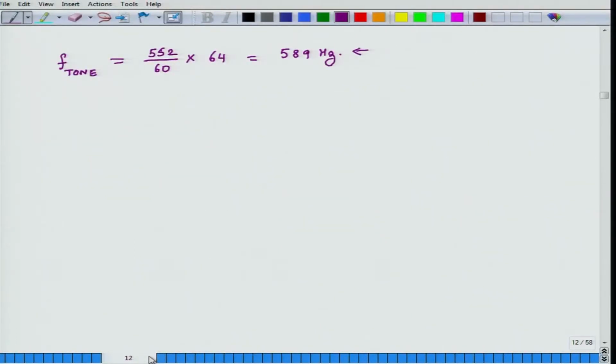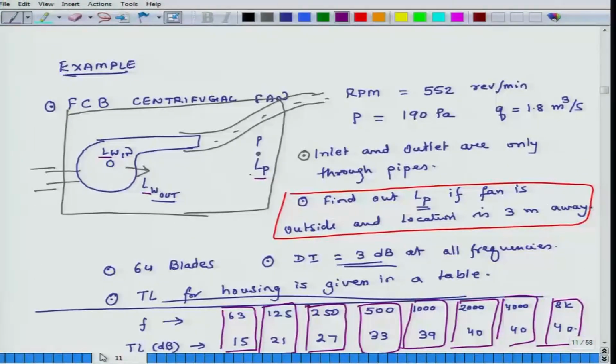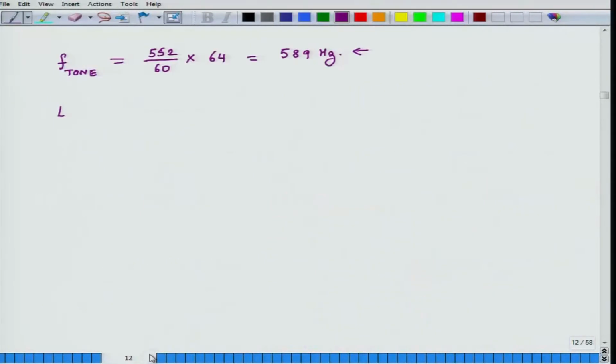Next, I compute LW. What is our methodology? First we compute LW in for different bands, then we compute LW out, and then we compute LP. So, first we compute LW in, and for starters we will compute it for the frequency band in which 589 hertz lies.